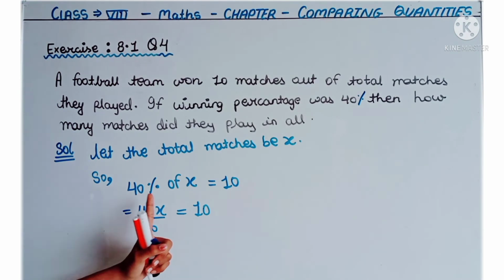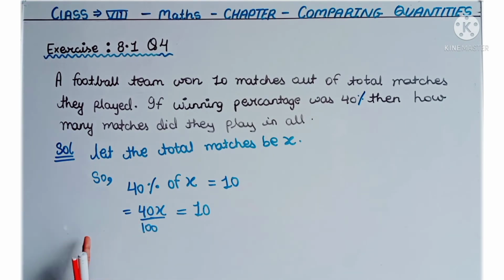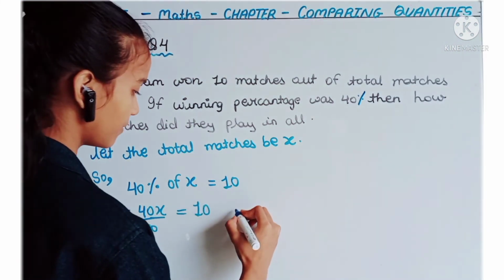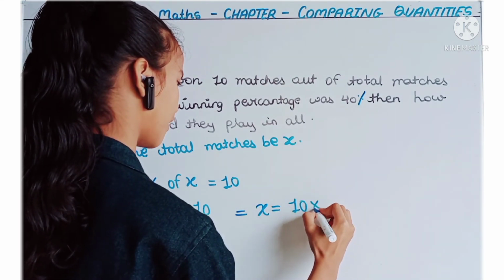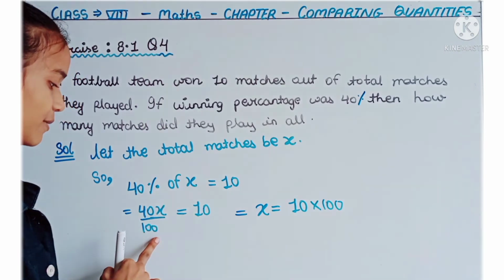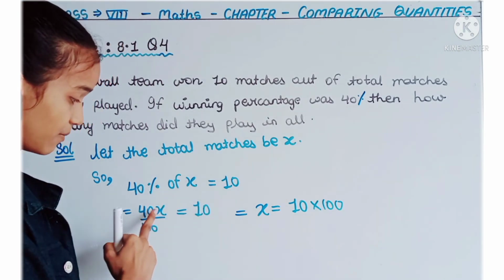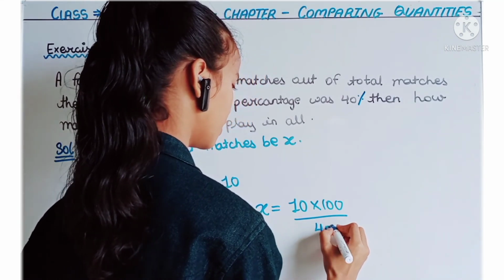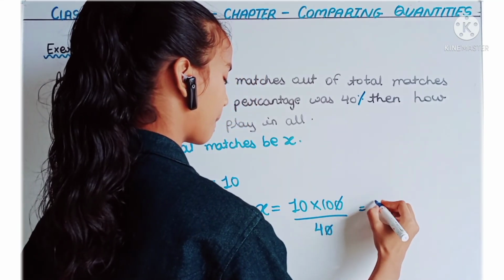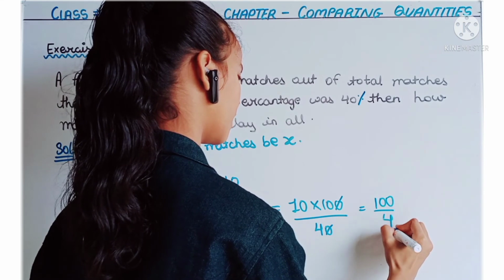So now we will shift from LHS to RHS. Sorry. So what we will get next, x is equal to 10 into 100. Here 100 was in division, here it becomes multiplication, and 40 is in multiplication on this side, it will be in division. So 0 to 0 cancel, 100 upon 4.